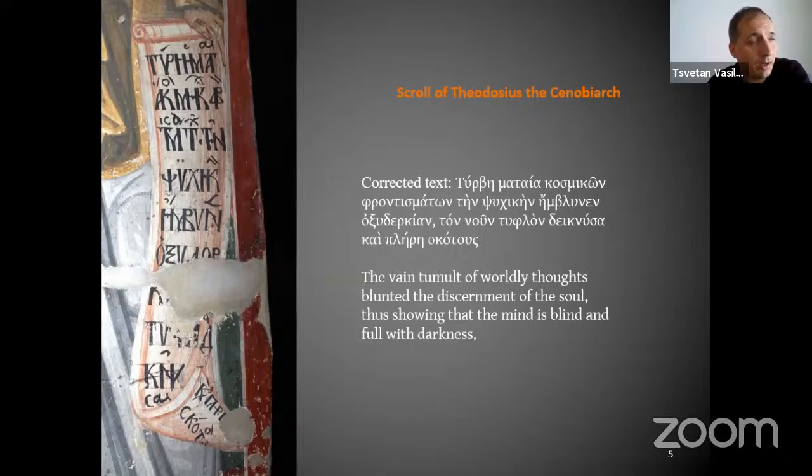This is an inscription, a text from the patristic literature or from the monk literature, let's say, spiritual texts for helping the monks to keep their focus and concentration on the spiritual life.